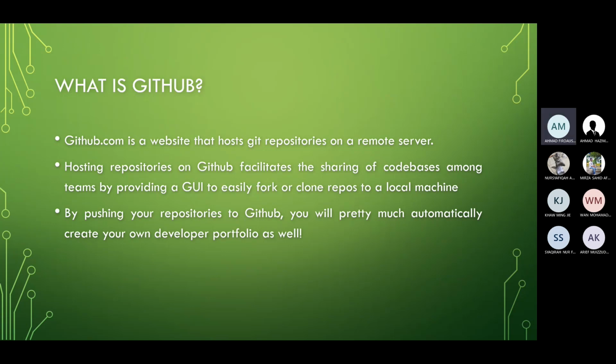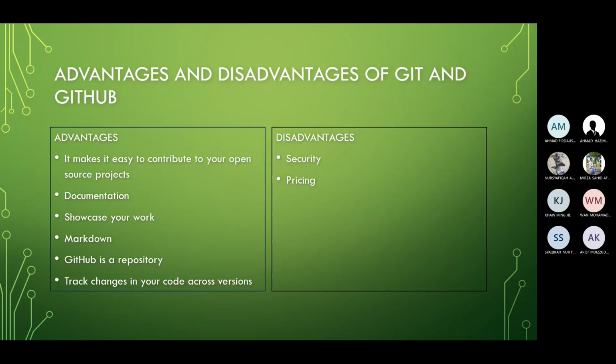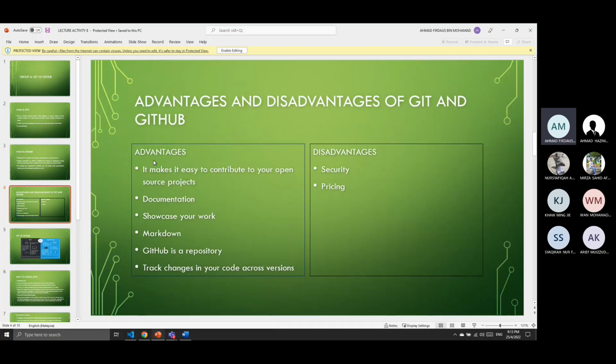So this is the advantage and disadvantage of Git and GitHub. The advantage is it makes it easier to contribute to open source projects. And we also have the documentation. If you ever use GitHub, you sometimes see the readme.md, and you see the documentation of their project in GitHub.